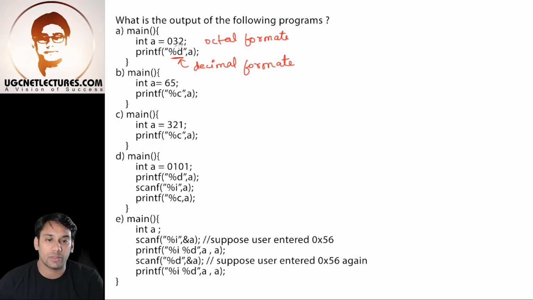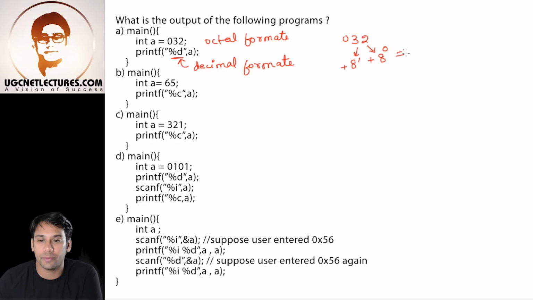The number is 032, and if you convert 032 from octal to decimal, then you can find out the output of this program. The first number is 2. To convert it, you have to multiply this 2 with 8 raised to power 0, plus this 3 with 8 raised to power 1, plus this 0 with 8 raised to power 2, but that doesn't matter here.